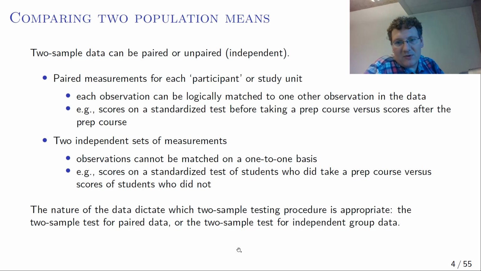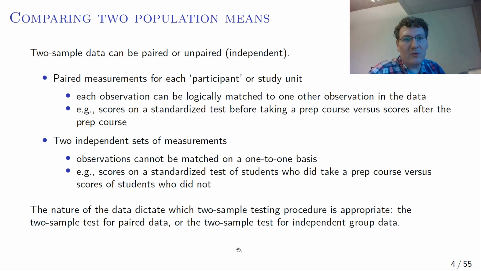That's the kind of thing you'll see with paired sample data. If you have independent samples, the individuals from one sample have nothing to do with individuals in the other. They're not related in any way. The two sample sizes can be different. But we're not measuring individuals before and after some sort of treatment or something like that.